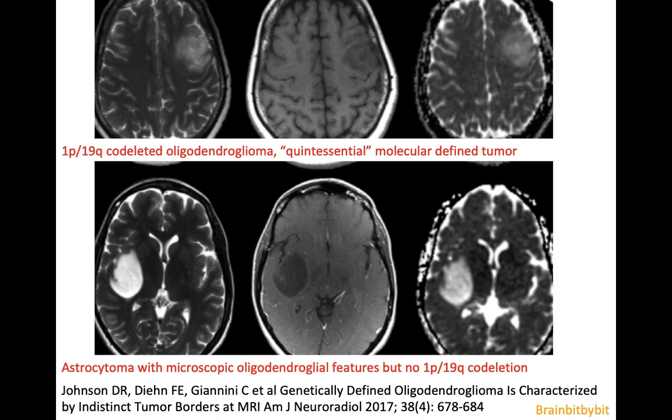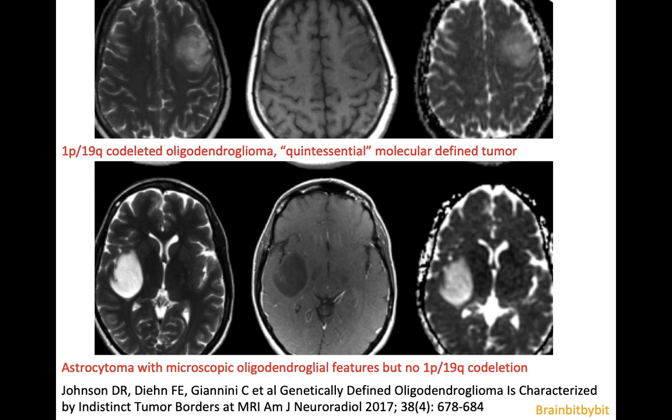If you change the definition of a tumor and make it a molecular defined tumor, there are tumors that were previously called oligodendroglioma that become astrocytomas now because they do not have the 1p19q codeletion.